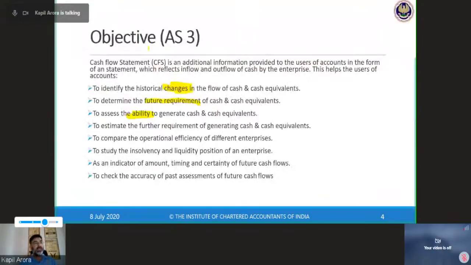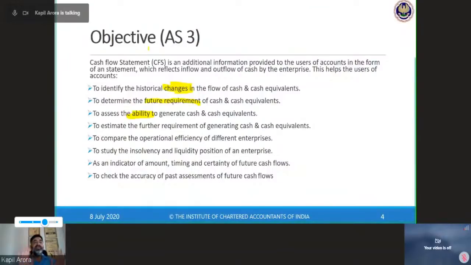Now coming back to this, we have seen it's not just that we are looking at the cash. We are looking at how much cash the business is getting from operations, from investing activities, and from financing activities.